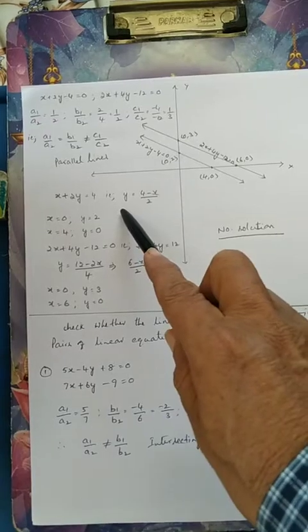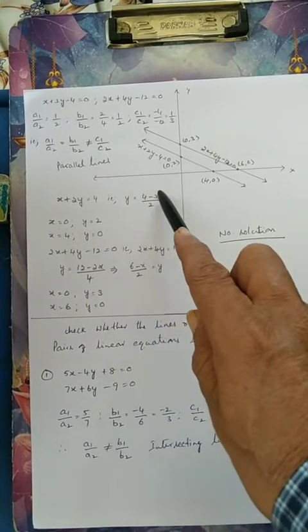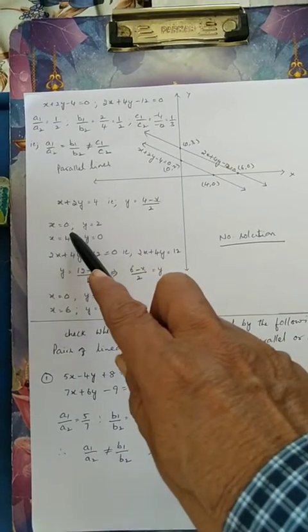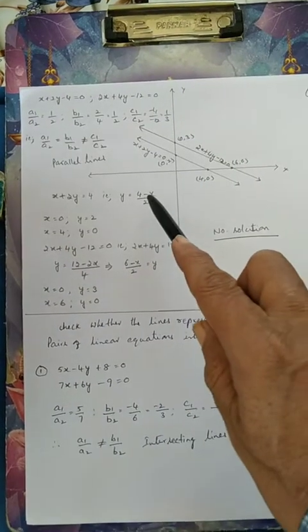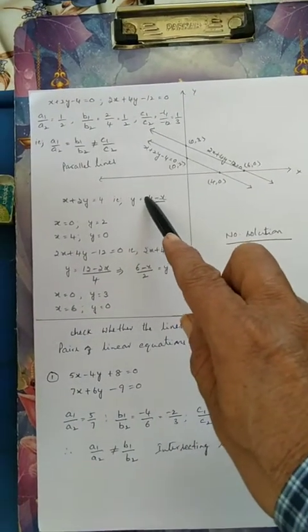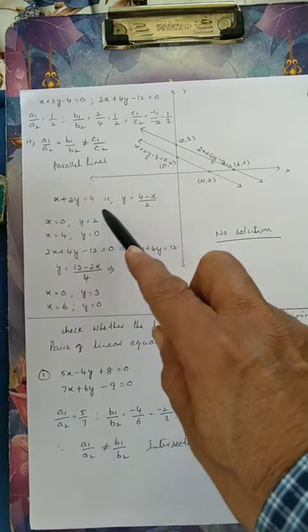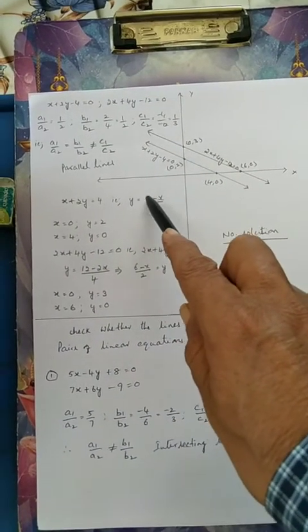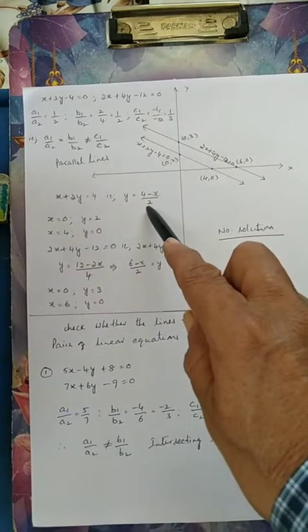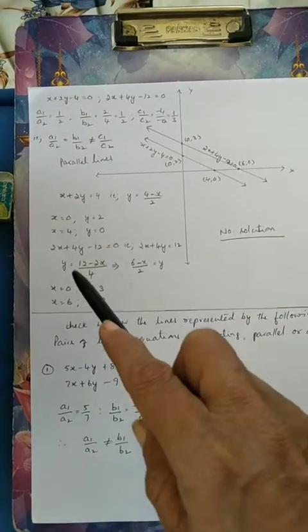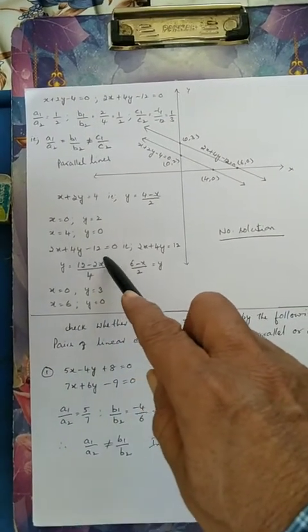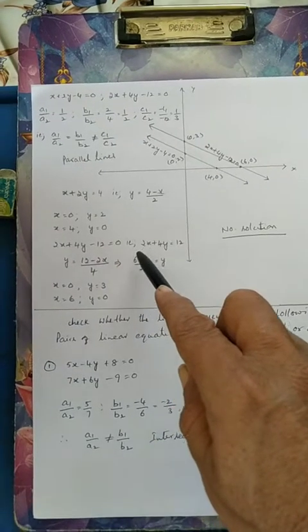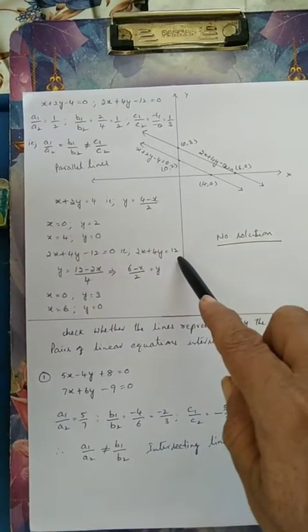So in that case x plus 2y is equal to 4. If you make y the subject here, we get y is equal to 4 minus x by 2. If you take x is equal to 0, then 4 minus 0 is 4, 4 by 2 is 2. Similarly, if you take x is equal to 4, then 4 minus 4 is 0, and 0 by anything will be 0. In the second case, 2x plus 4y minus 12 is equal to 0, that is 2x plus 4y is equal to 12.